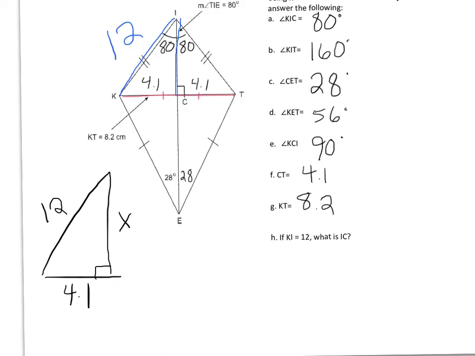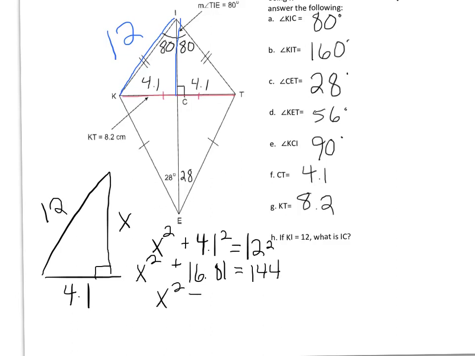So when I draw it like that, I can see that because it's a right angle, I can use the Pythagorean theorem to know that one side squared plus the other side squared equals the hypotenuse squared. And from there, I just solve for x. So I have x squared plus 16.81 equals 144.